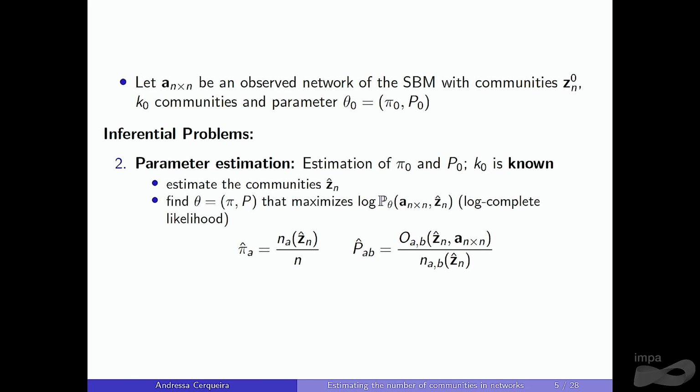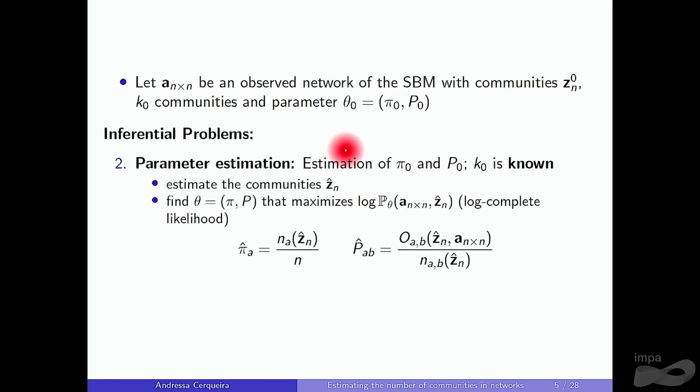Right? The second problem is parameter estimation. So we have the parameters of the model, theta, and I would like to estimate these parameters. So what we can do is, again, suppose that the number of communities is known. Since it is known, I can do community detection, so I can estimate the communities.